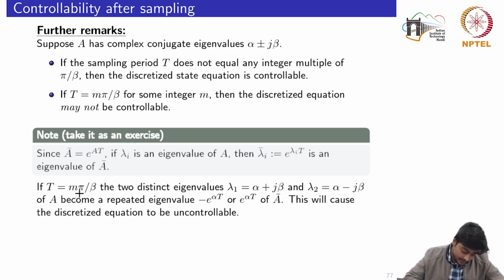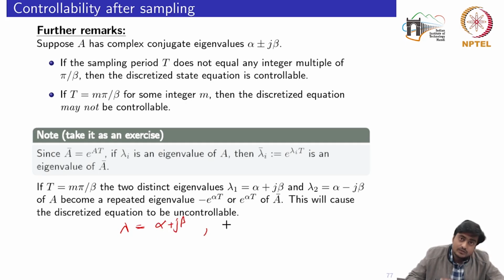Now, if t becomes equal to m pi by beta for some integer m, then the two distinct eigenvalues alpha plus j beta and alpha minus j beta of A in fact become a repeated eigenvalue of A bar, either minus e to the power alpha t or e to the power alpha t. We can quickly visualize this. Take lambda equal to alpha plus j beta.